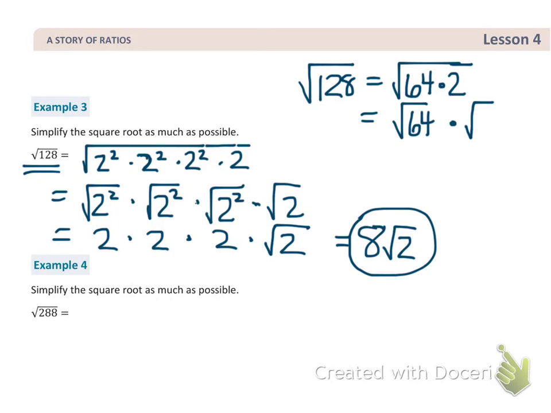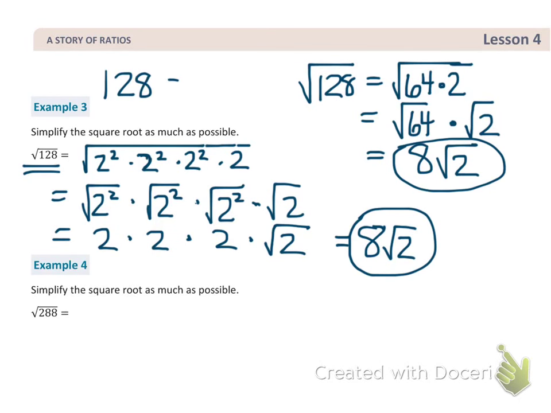So this is 8 times the square root of 2. Okay, so your result is going to be the same, but it's all how you think about breaking that number apart. Here we broke it apart as 2 to the 7th, and here we broke it apart as 64 times 2. They are the same number.